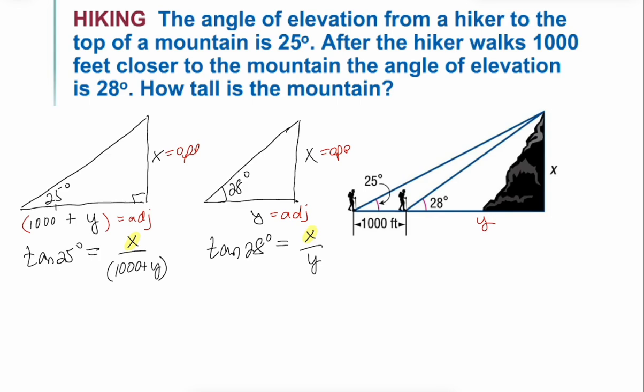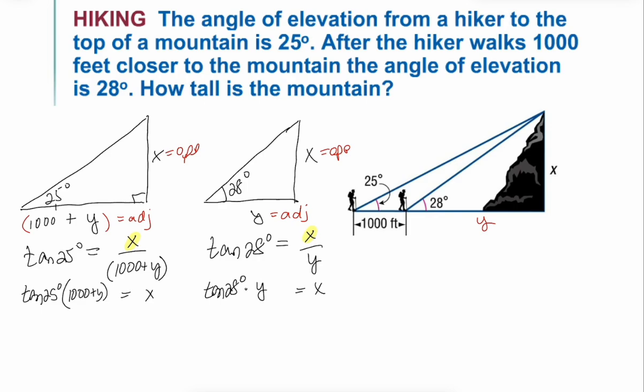It's a linear system. It's actually a nice system, it just looks disgusting. But think about how we would get the x by itself. In the first one, x is the tangent of 25 times 1,000 plus y. And in the second, x is the tangent of 28 times y.